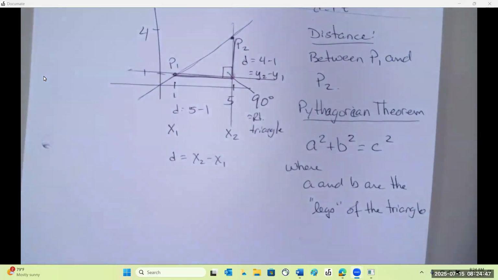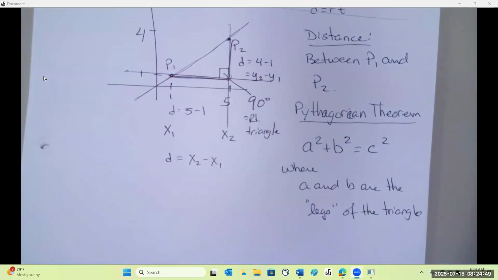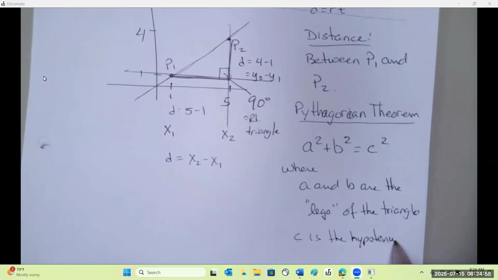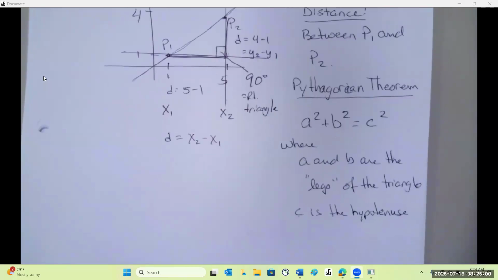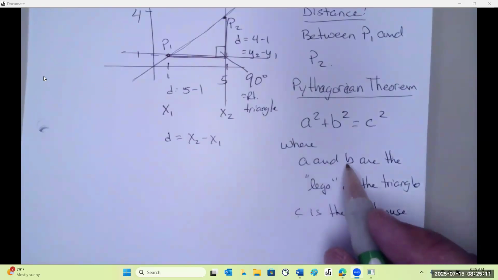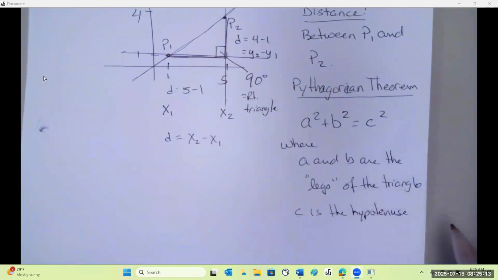Has to be 90 degrees. And C is the hypotenuse. That's the way the Greeks taught it. In America, we say A and B are the shortest sides, C is the longest side.